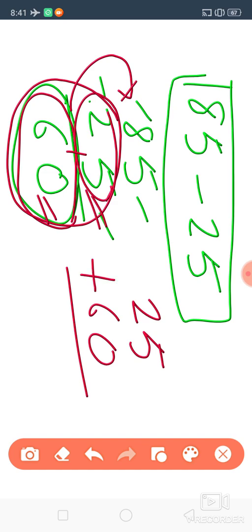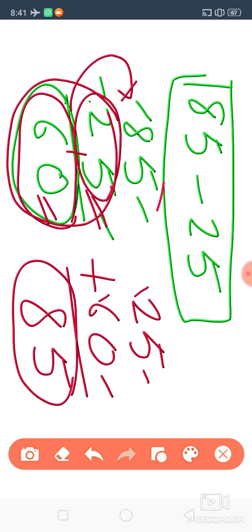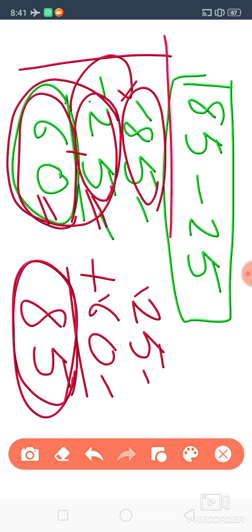Now 5 plus 0, how much will we get? 5. And 2 plus 6, how much will we get? 8. So how much are we getting? 85. So this 85 and this 85 we are getting the same. That means whatever subtraction we have done, it is correct. Got it?